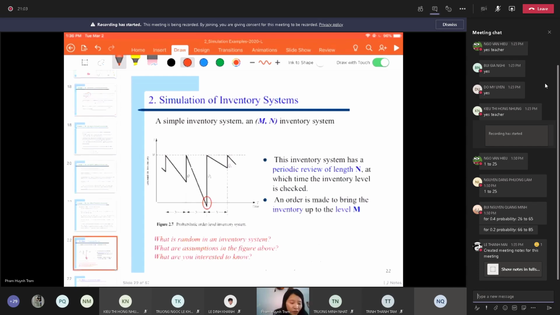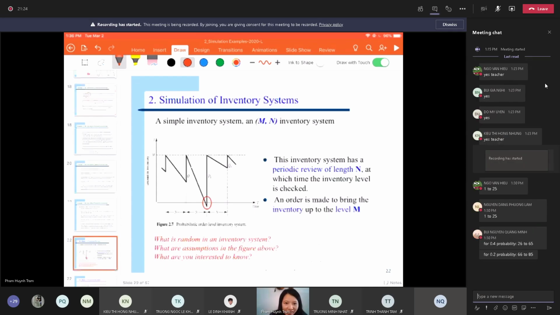Now let us go to another example, which is also very interesting: the inventory system. This picture illustrates a very simple inventory system.